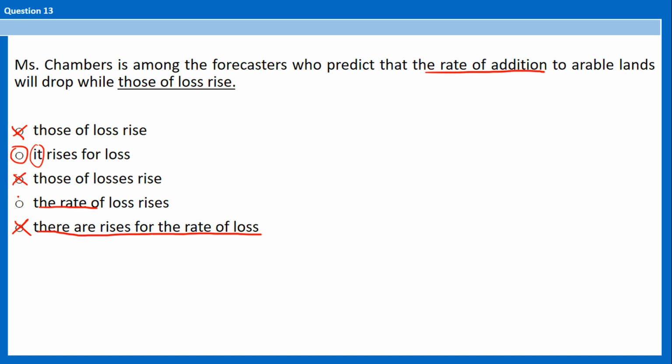It's either B or D. Now be careful because the pronoun it replaces the same noun mentioned before, which is the rate of addition. I don't want that. I want either that or just repeat the rate again, because I want to compare the rate of addition to the rate of loss. So keep number 4.